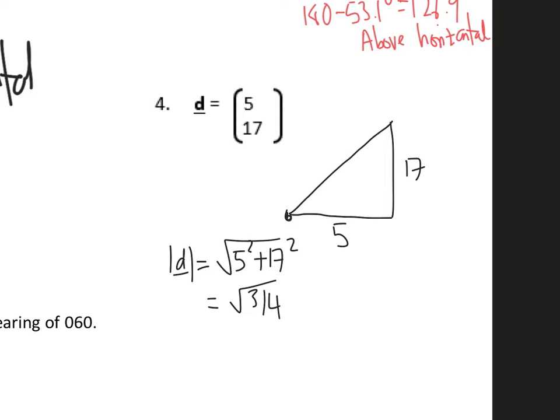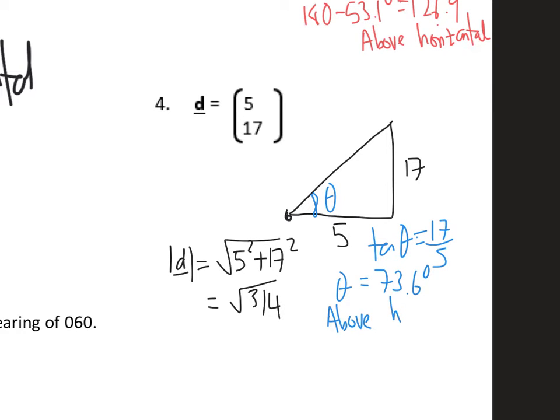Then to get the angle, it's going to be nice and simple this time because it's just going to be that angle. So I do tan theta is opposite, so 17 over 5, do arctan of 17 over 5, and I get the angle is 73.6 degrees above the horizontal.